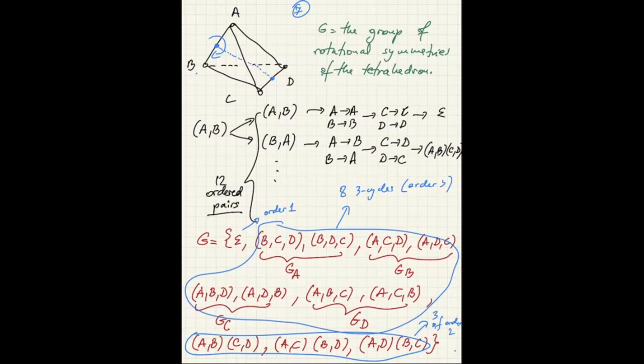Okay, so this is the group, and what this group does, it acts on the vertices, but it also acts on the edges, so what we do here can be applied to problems of coloring of the vertices of the tetrahedron. And so in this situation, what is our set?